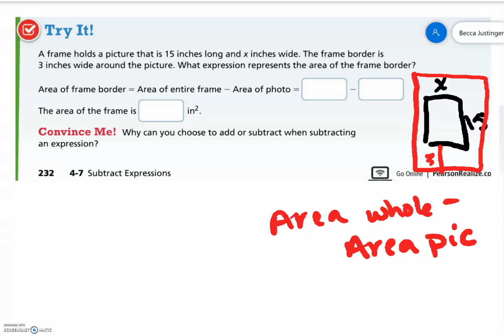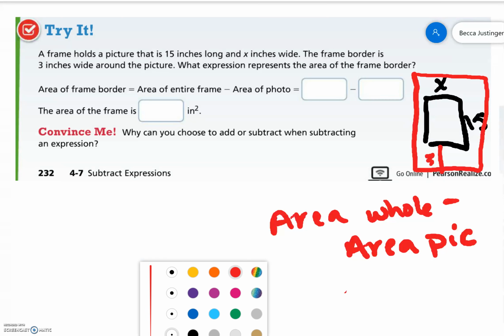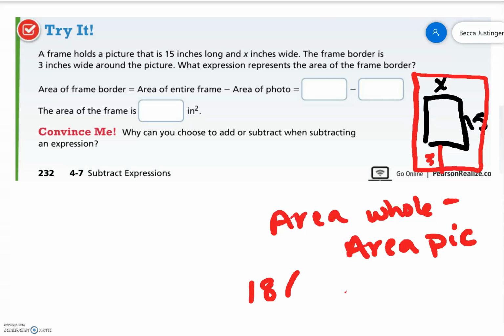So length times width, the area of the whole thing is going to be, not 15 plus x, 15 plus 3, which is 18. So that's the length, 18 times x plus 3, minus the area of the picture, which is just length times width, 15x.